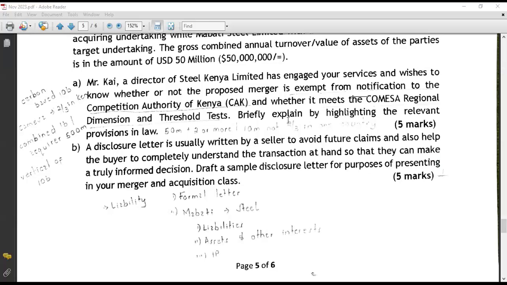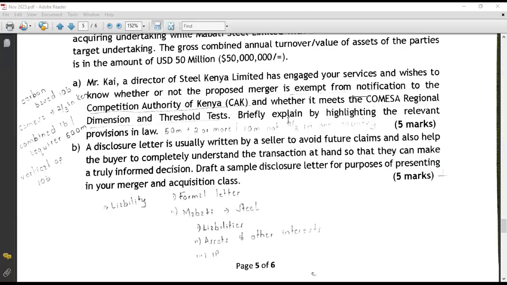Then from a COMESA perspective, the requirement is whether the combined gross turnover is 50 million and above. And in those instances, they meet. So it does meet on both accounts, and they would need to notify.